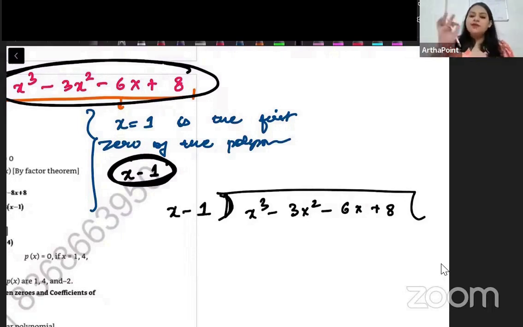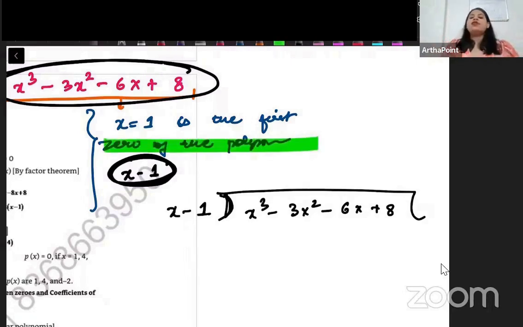Is this clear? The first zero you have to find by the method of hit and trial. After you have found the first zero, then you will divide the entire equation by that factor. So when I divide it by x minus 1, what will I get? Well, first thing should be x square. So this will be x cube minus x square. I hope you know how to divide.